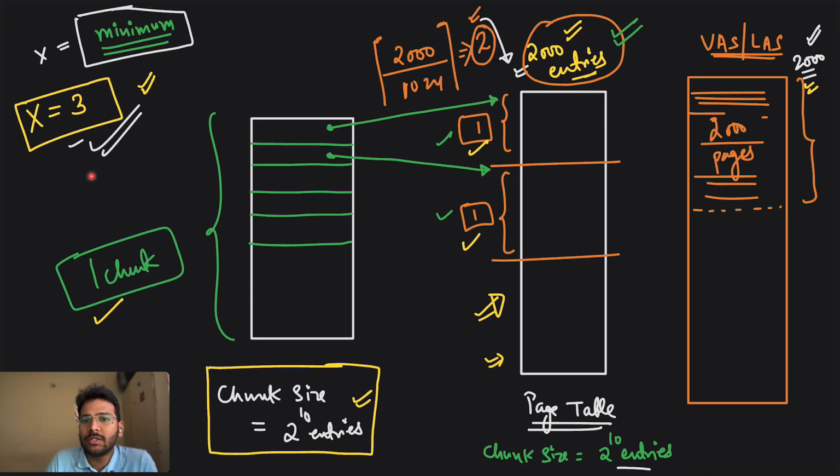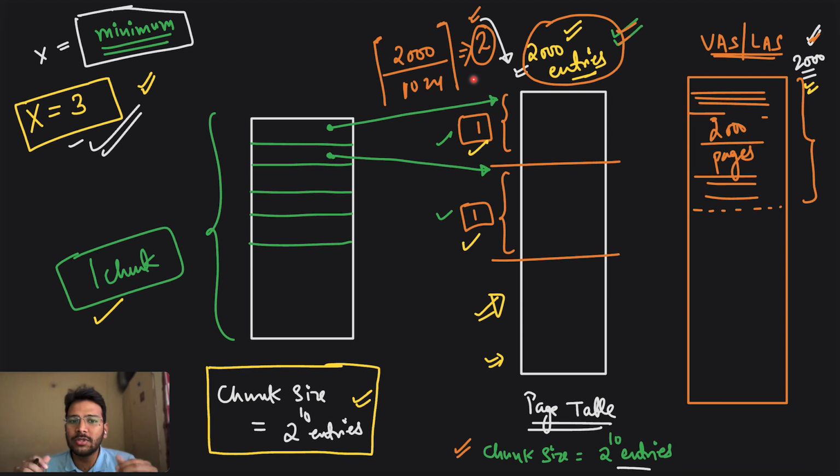Then we know the concept that if 2000 unique pages are there, definitely 2000 entries will be there in the innermost page table, because we know every entry is going to point to one physical frame of the main memory, which is storing that particular page. So pages are equal to the number of entries here, 2000 entries, right? And the chunk size here is 2 raised to power 10. So to find the minimum, all has to be contiguous.